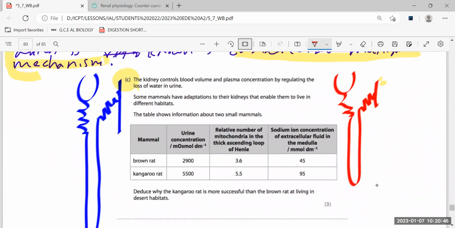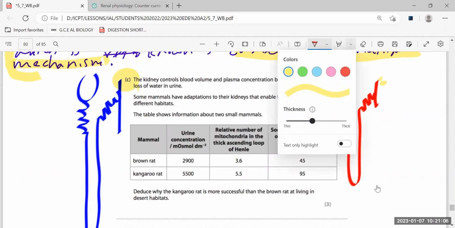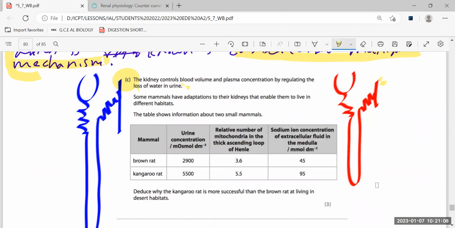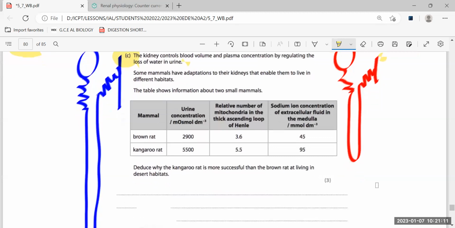The kidney controls blood volume and plasma concentration by regulating the loss of water in urine. Some mammals have adapted kidneys that enable them to live in different habitats. Brown rat, urine concentration is 2900.